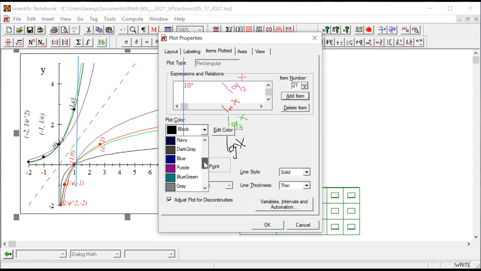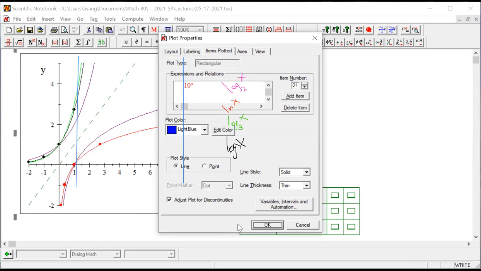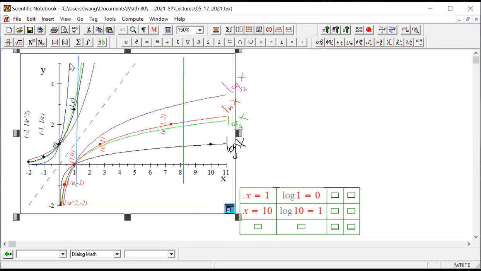Let's see what color we haven't used. Let's use light blue. It should draw this picture. Light blue, look at that. So light blue is the highest.